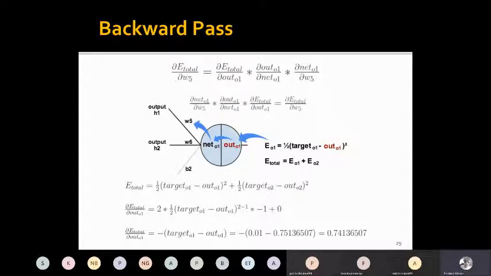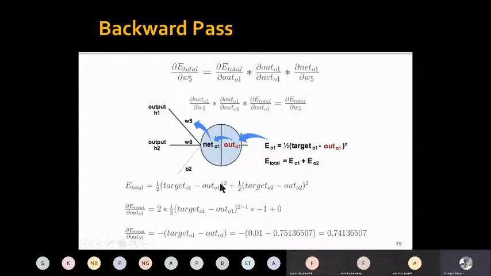And then we will calculate all of these values individually and multiply them. So for example, this is the function of the total error, and I am partially differentiating it with respect to output of O1. The whole term, half of target O2 minus output O2, is a constant in this case and does not contribute anything to the partial differentiation.